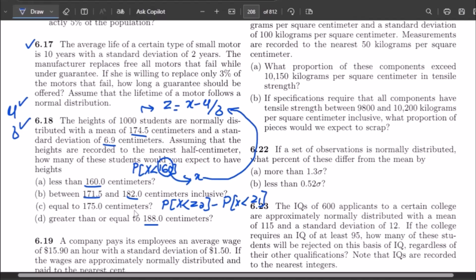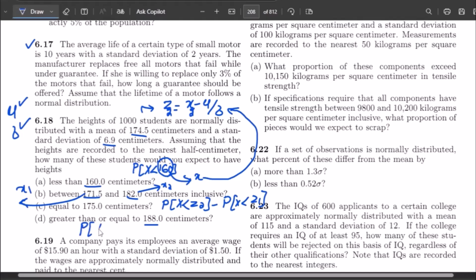What are z1 and z2? Let me call them x1 and x2. For z1 it will be x1 minus mu divided by sigma, and for z2 it will be x2 minus mu divided by sigma.